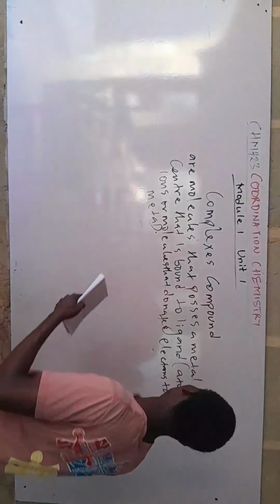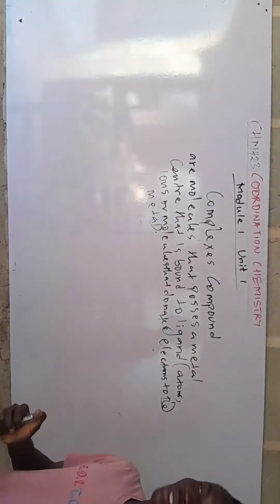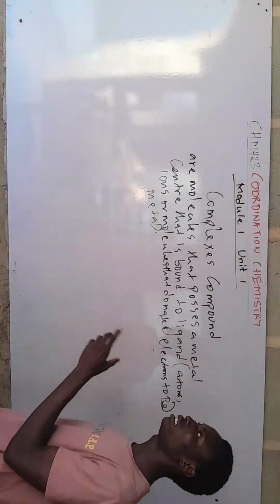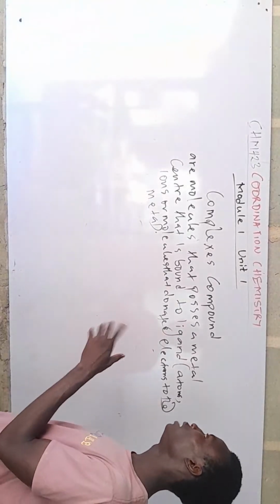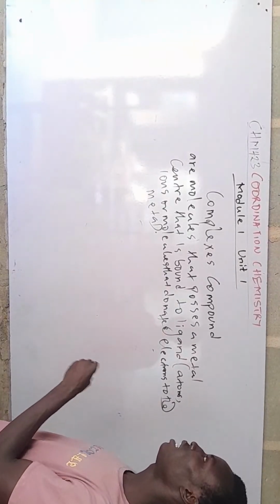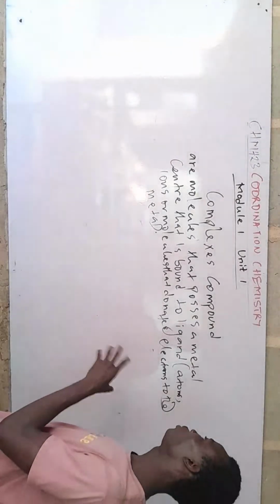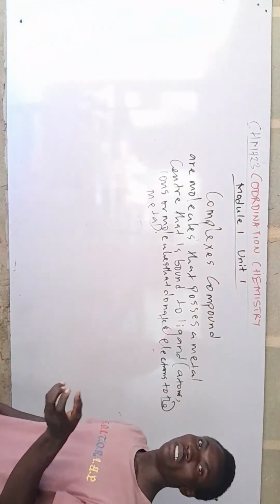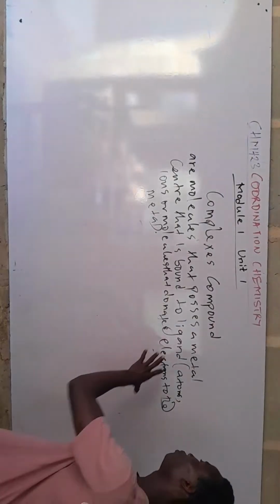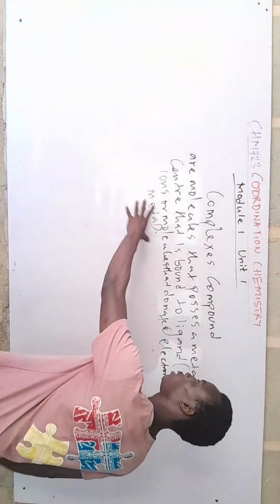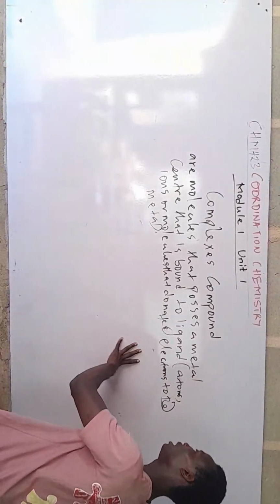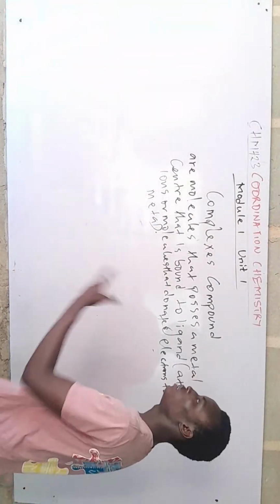Now, in this place, if you look at the definition that we have there, we said complex compounds or coordination compounds are molecules that possess a metal center that is bound to ligands. Okay, now the ligands that we're talking about, we said they are atoms, ions, or molecules that donate electrons to the what? To the metals.